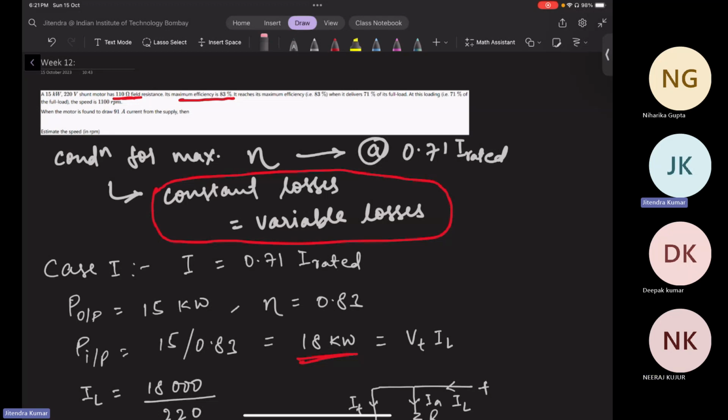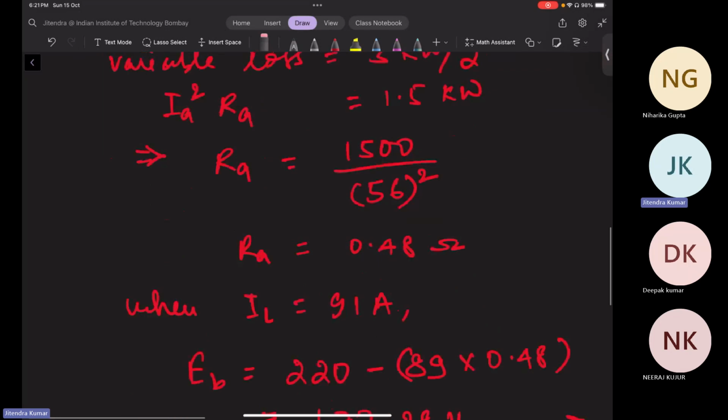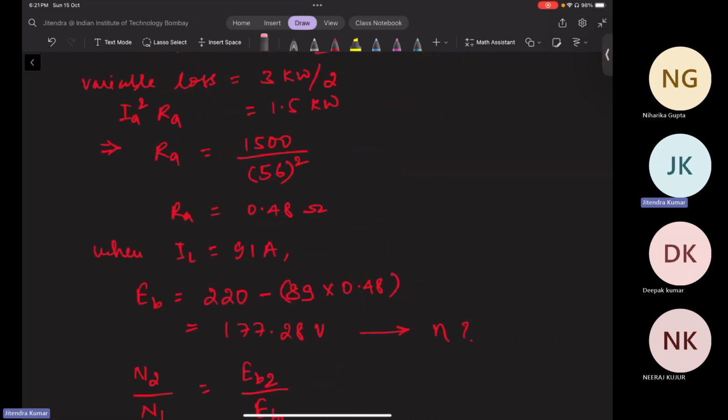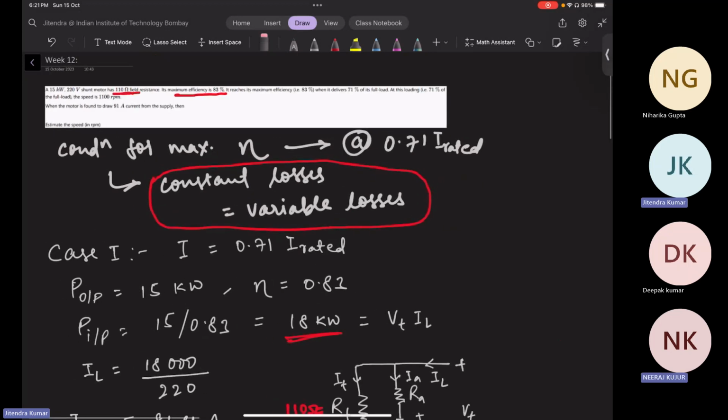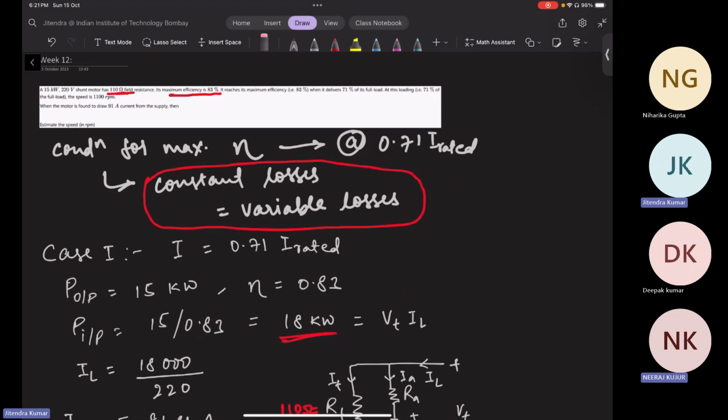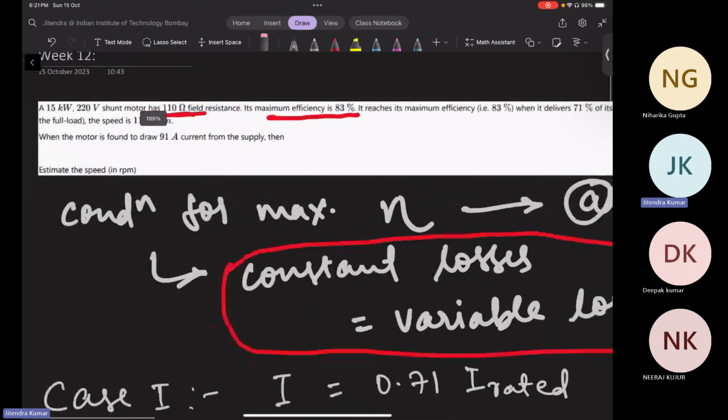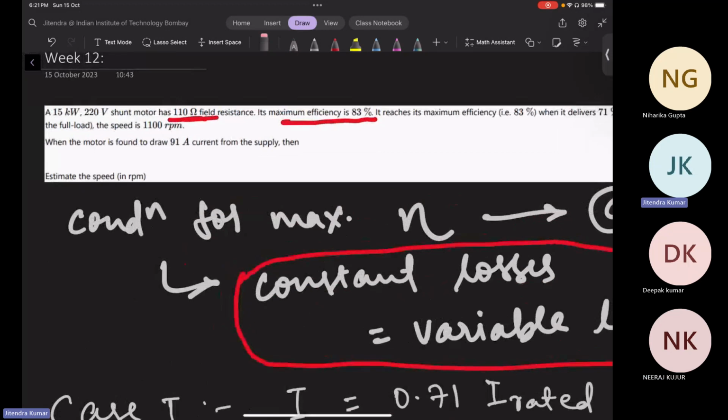So anything stated like it is drawing from supply is by default line current. Otherwise, if they mention armature current, then you can explicitly see that it is mentioned in the problem. It is pretty clear from this statement that the motor is found to draw 91 amp current from the supply.